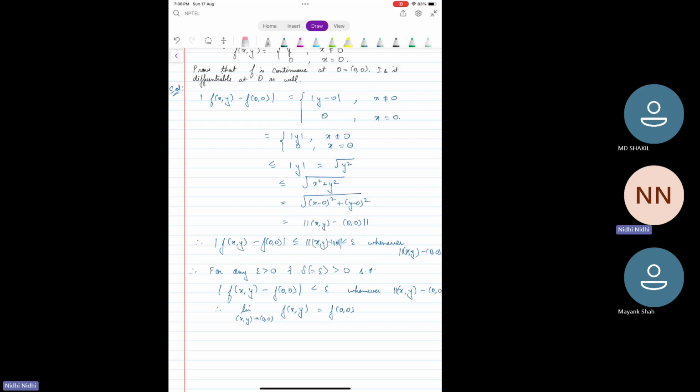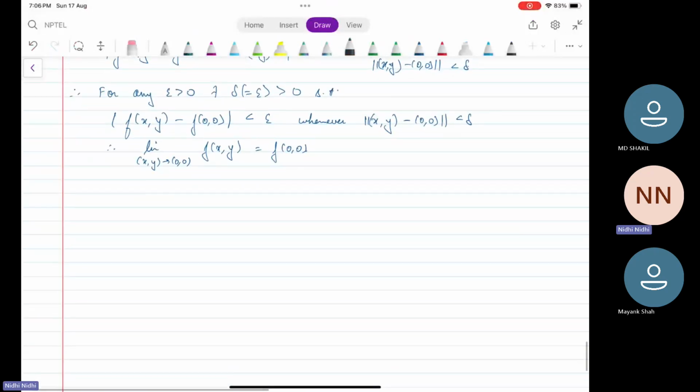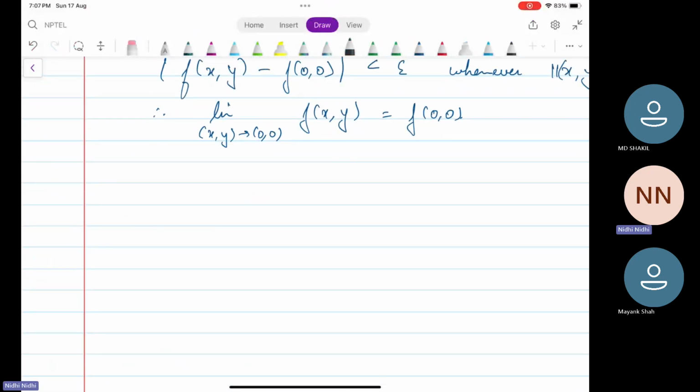So next for differentiability, we'll start by assuming f is differentiable at (0, 0).